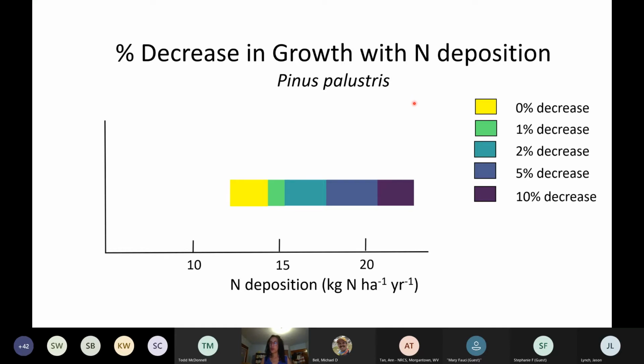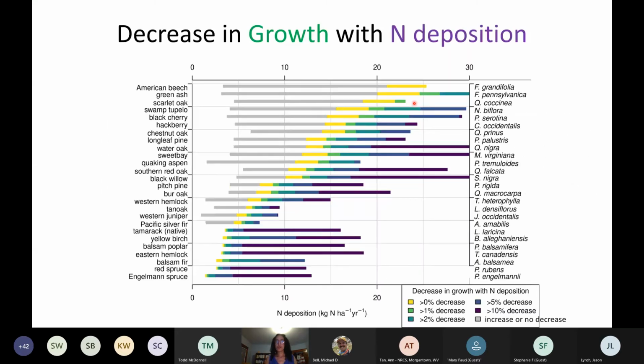Okay, so I dragged you through all of this to help you understand the format of the figures, which allows us to look at the impacts on many species at once. So here we have a decrease in growth with nitrogen deposition, the deposition is on the x-axis, and again, species going up the y-axis.